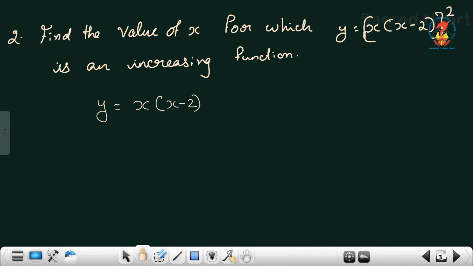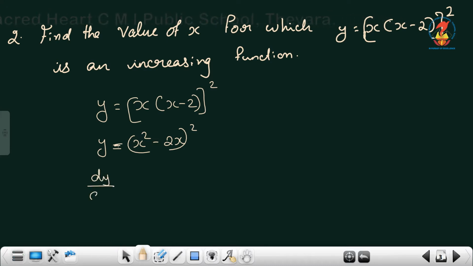So, first we have to find the derivative. Before that we can open this, x square minus 2x whole square. Now, what is the derivative with respect to x?